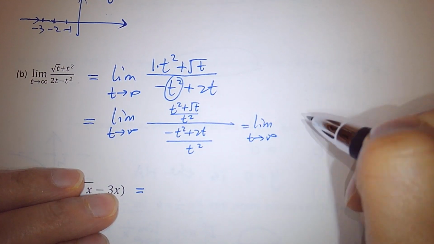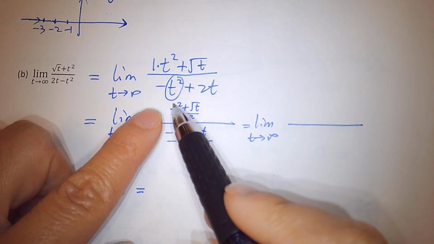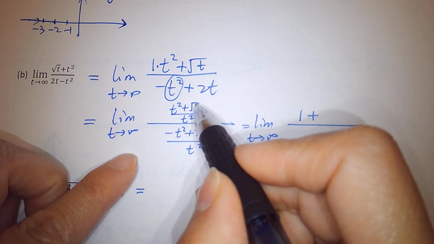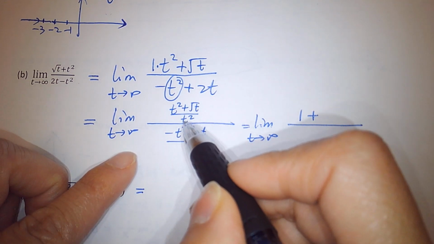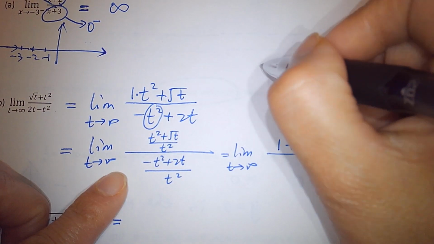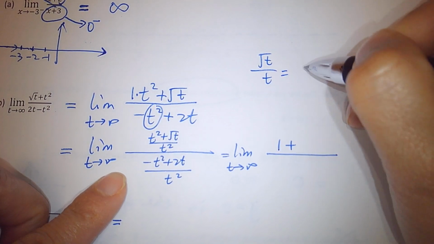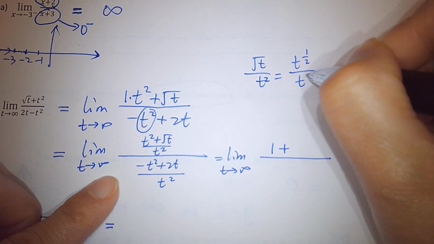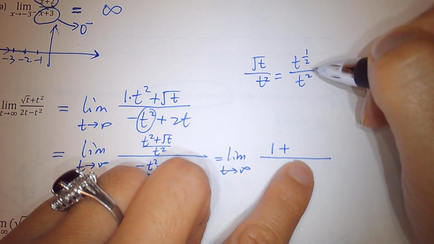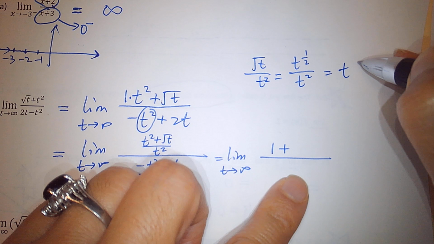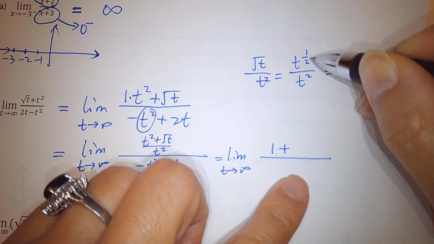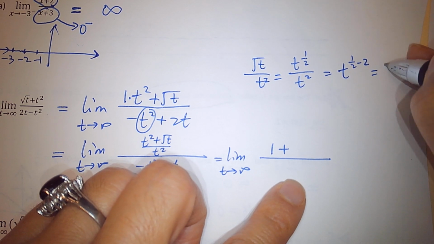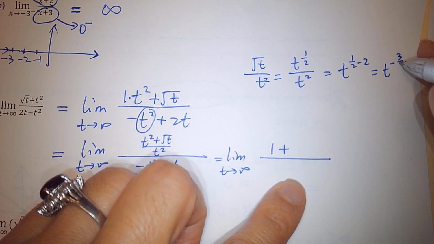T approaches infinity. What's t squared over t squared? 1. What is the square root of t divided by t squared? That is t to the 1/2 divided by t squared, so 1/2 minus 2, right? 3 over 2.